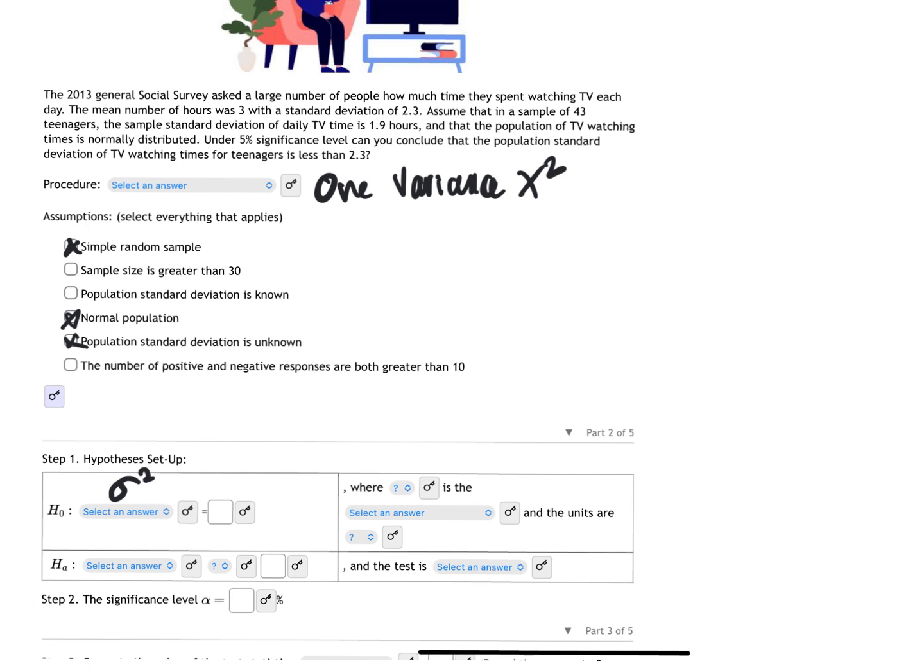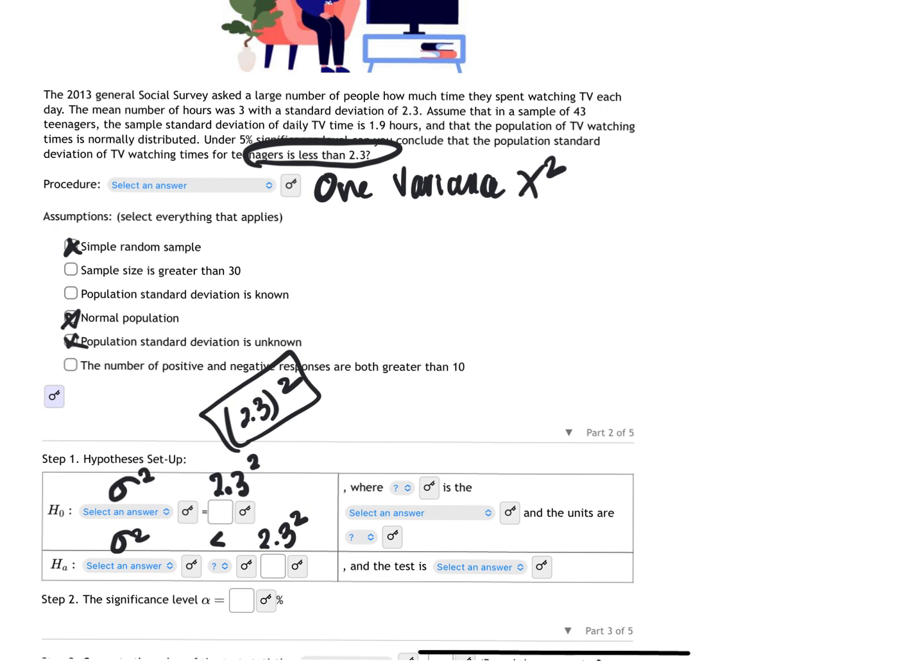And we want to see, is that 2.3, like we expect from the general population, or is sigma squared less than 2.3 squared? This should be squared because this is standard deviation, and we are testing variance. So make sure you take this 2.3 and square it so that it's in the same units, right?